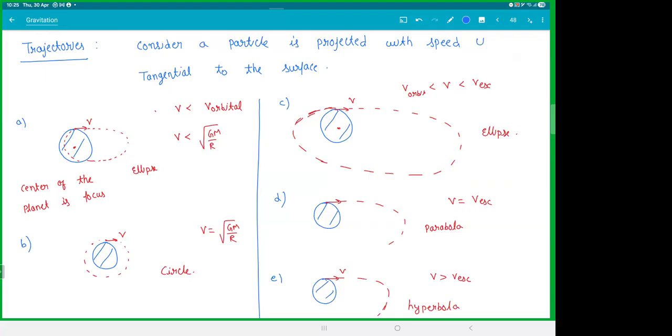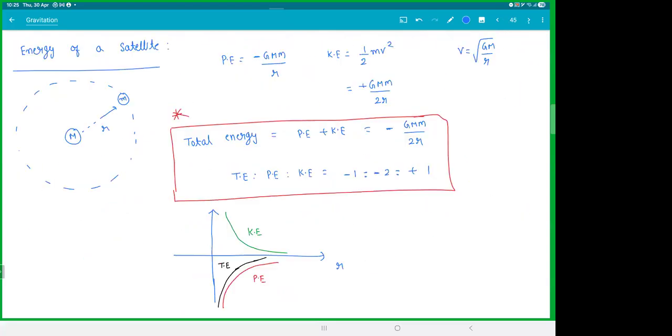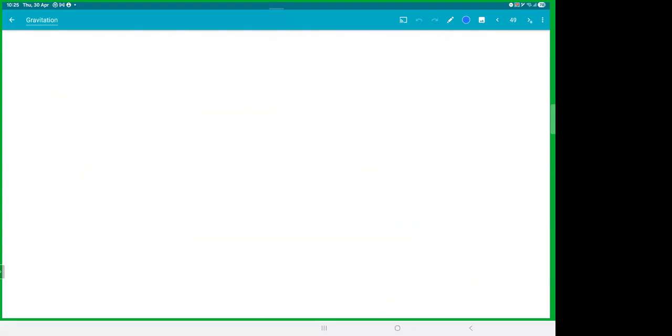Okay, let's see one question, a simple one. We have a planet whose density is rho and radius is r. This one's density is 2 rho and radius is 2r.